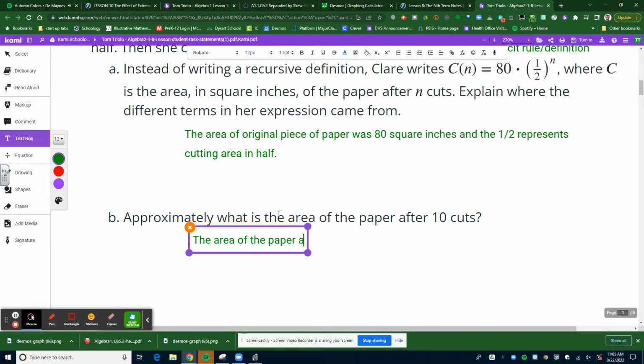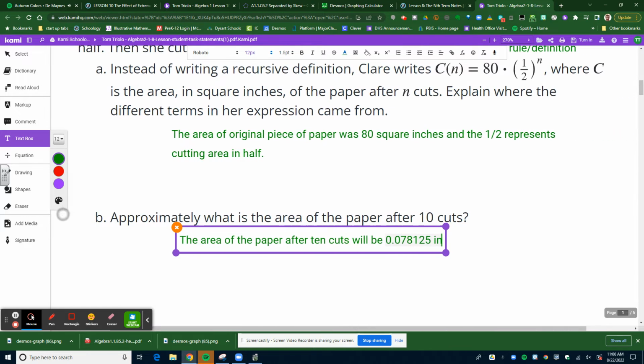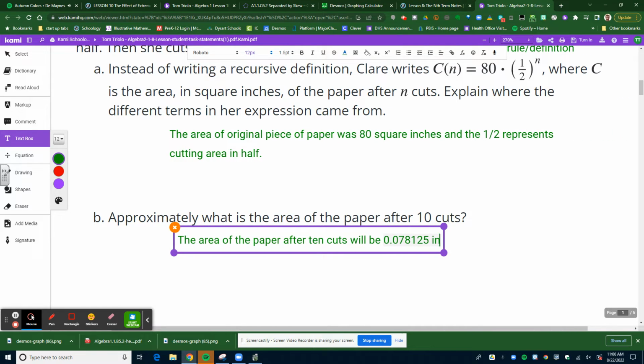Paper after 10 cuts will be space Control V and then square inches. I'm going to use the inches squared, and there is a superscript notation, so you don't have to hit Shift 6. But watch this. Right up here, if I do superscript, there's square inches, right like that. And then I have to press it again to turn it off, and it'll come back down.